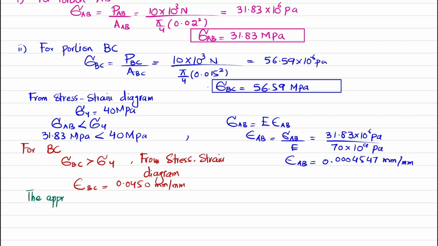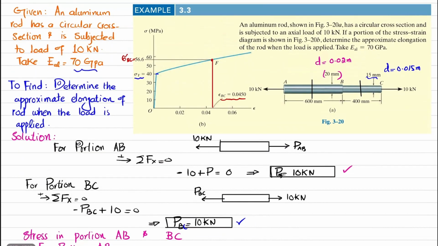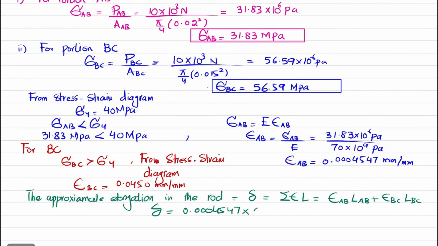Now for finding the approximate elongation in the rod, delta will be equal to the sum of epsilon into length L. So I can write epsilon AB into length of AB plus epsilon BC into length of BC. So delta will be equal to epsilon AB, 0.0004547, multiplied by length of AB, which is 600 millimeter or 0.6 meter.